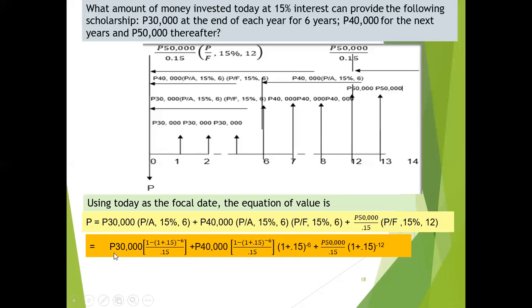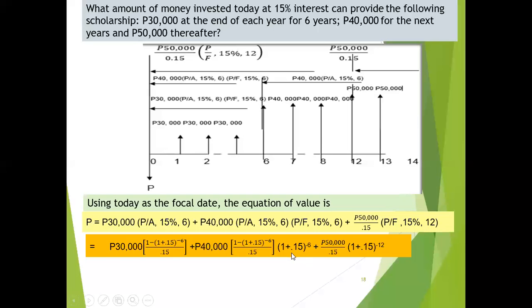So P is equal to 30,000. Substitute the given interest of 15%. Then N, for the 30,000 you want to receive for the first 6 years, so that's why we have -6. Then for the 40,000 you want to receive for the next 6 years, we solve the present value of your 40,000 using today as the focal date.